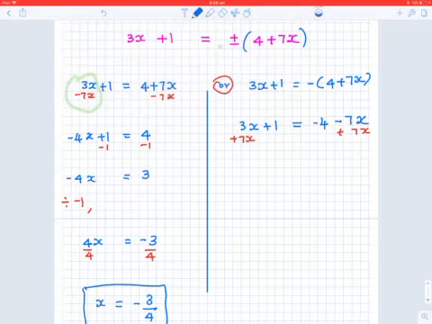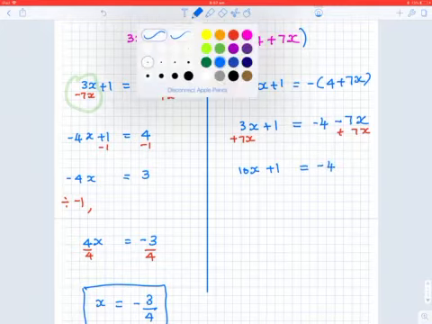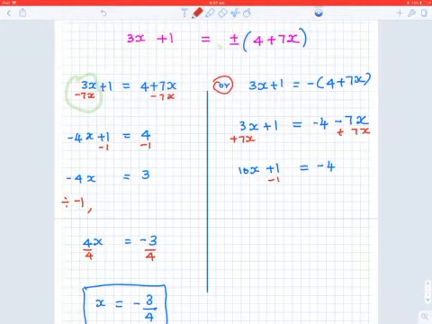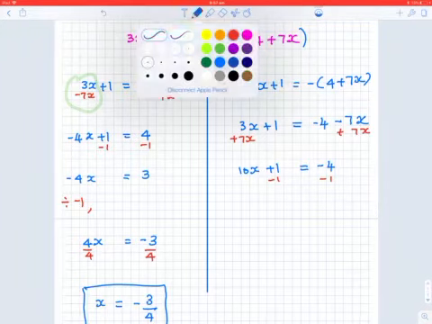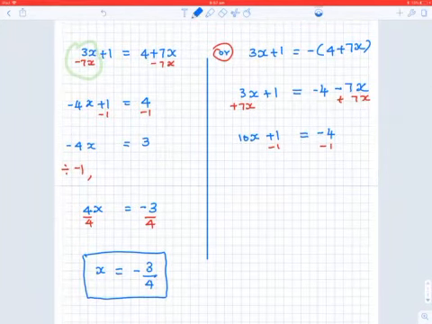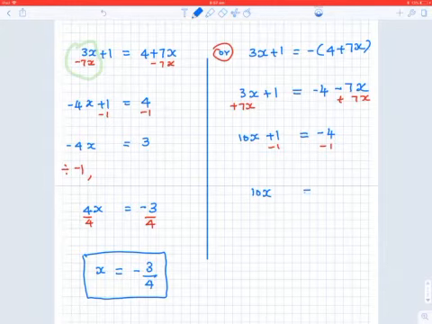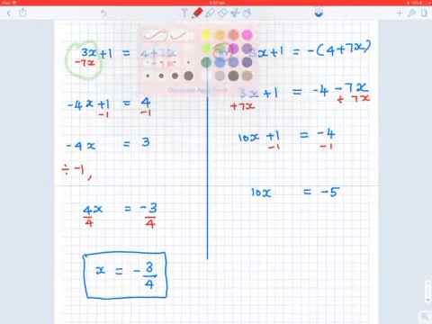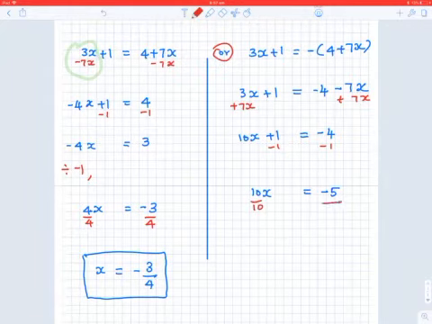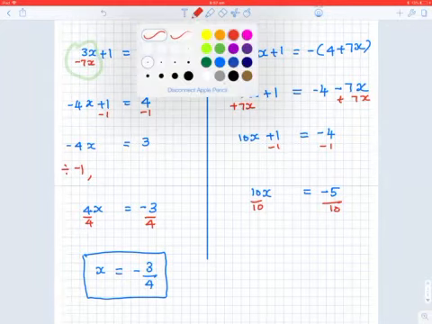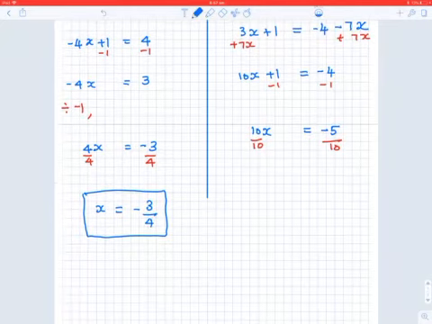And next line, you're adding 7x on both sides. Now the question becomes 10x plus 1 equals negative 4. Then minus 1 on both sides, and the next line you're going to have 10x equals minus 5.